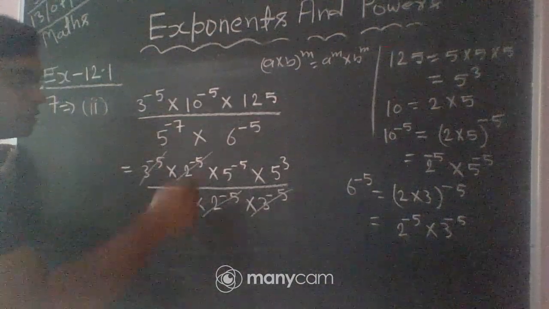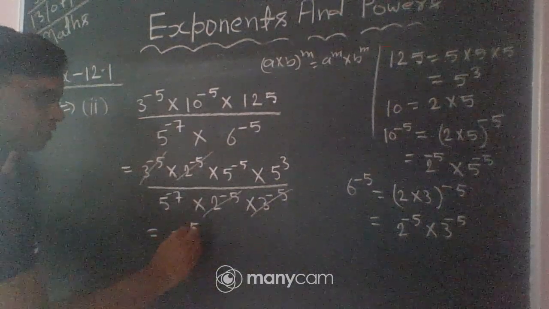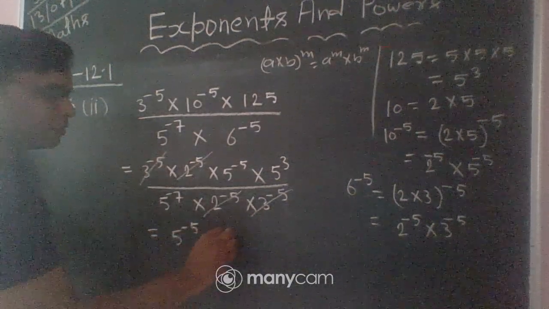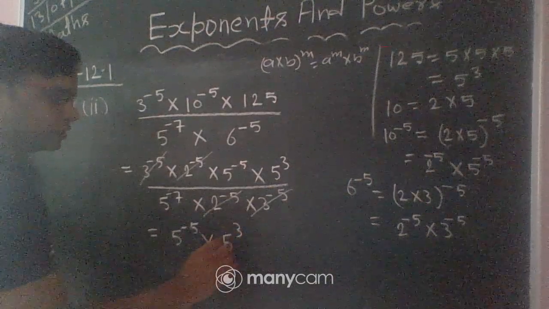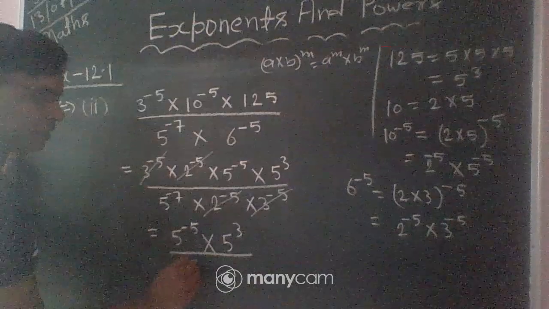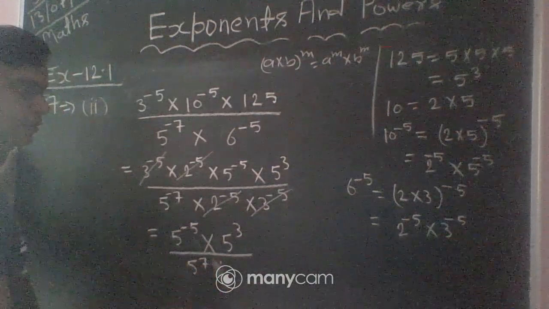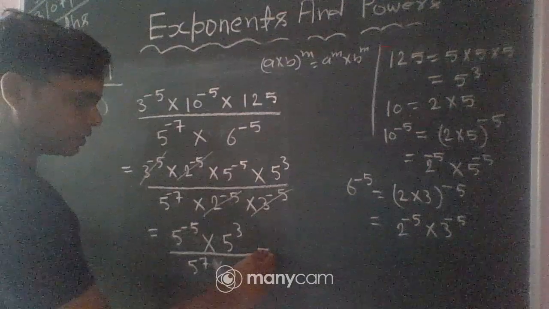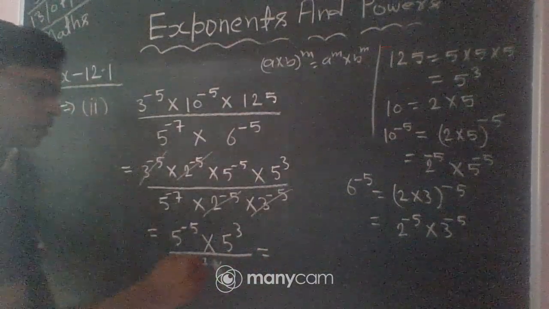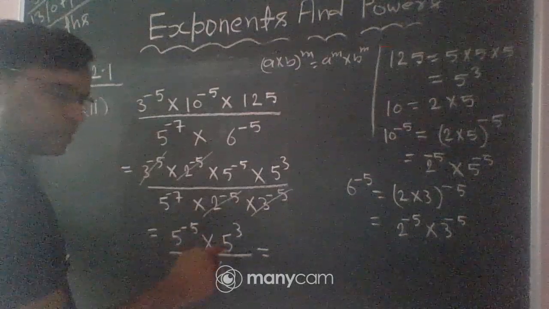The remaining part is 5 power minus 5 into 5 power 3 divided by 5 power 7 into only 5 power 7. Okay. So first we can write it: here bases are the same, 5 and 5.